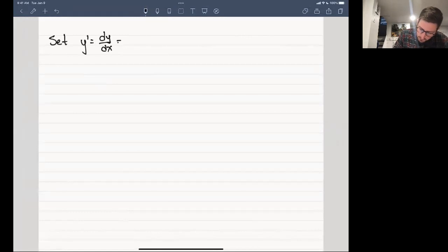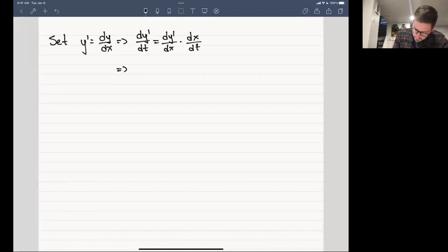And so using, again, the chain rule, we get dy prime by dt is equal to dy prime dx times dx dt, which we can rearrange. We get dy prime dx is equal to dy prime dt.